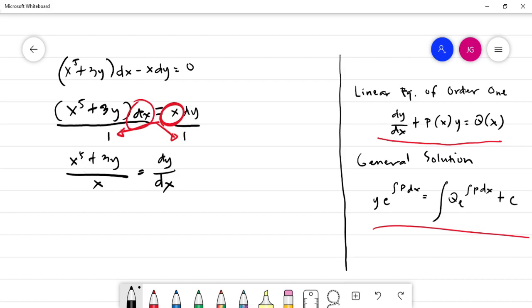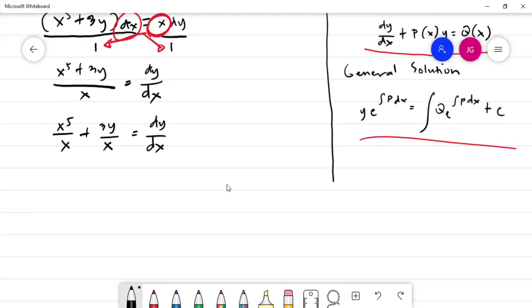So how do we find p of x y and q of x? In terms of this, we distribute the denominator to the first term on the left side and to the second term. So we have x raised to 5 over x plus 3y over x equal to dy over dx.